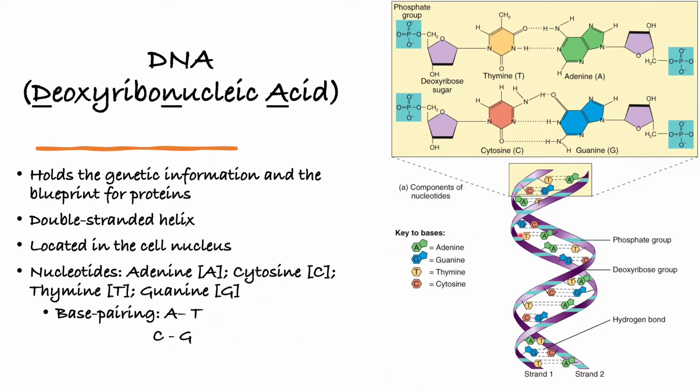One unique thing about these is that adenine will always be bonded to thymine, and vice versa. So you're going to see thymine bonded to adenine, and cytosine will always base pair with guanine, or guanine will base pair with cytosine. You can see it right here, the A for adenine, T for thymine.